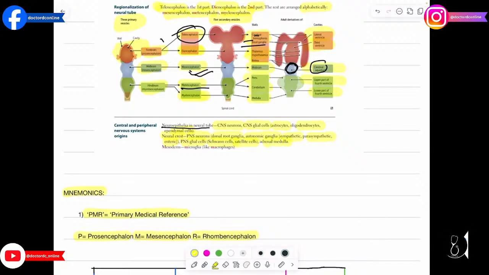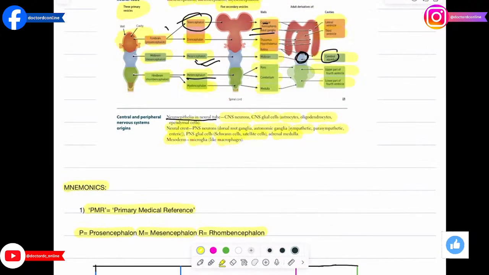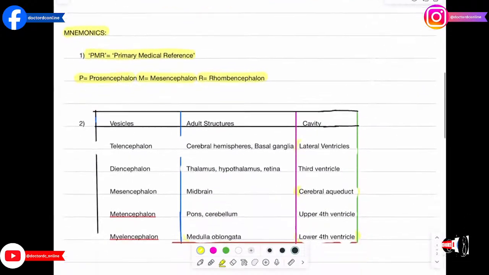The mesoderm gives rise to microglia, which are the CNS immune cells like macrophages. Remember the mnemonic: neural tube is CNS, neural crest is PNS plus extra, and mesoderm is microglia.